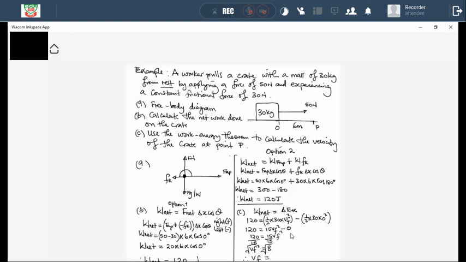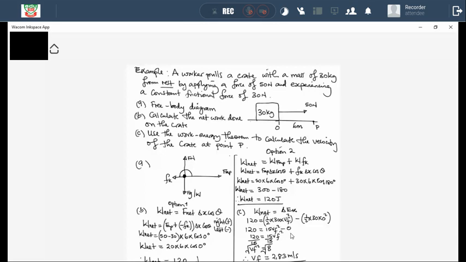What are we getting there? I'm getting 2.83. We round off our answers to two decimal places, meters per second. Then you underline: that is the speed of the crate at point P.